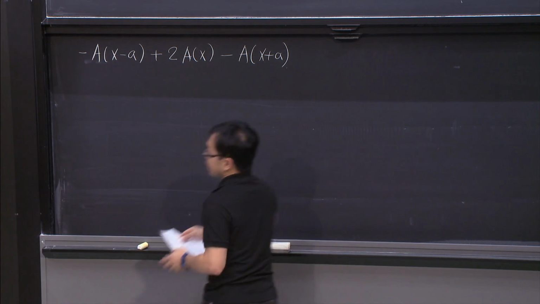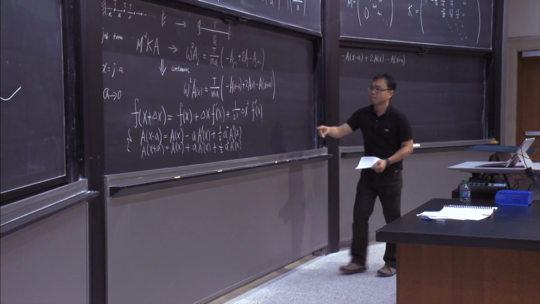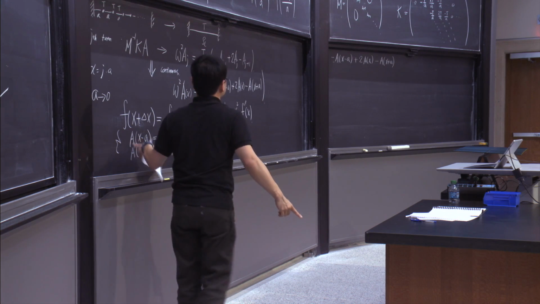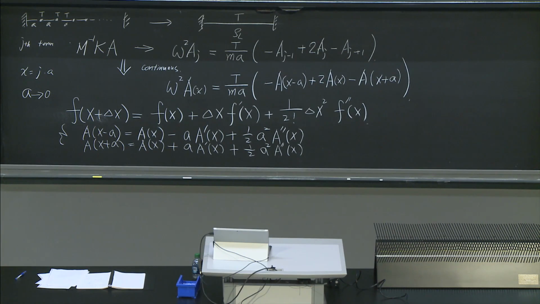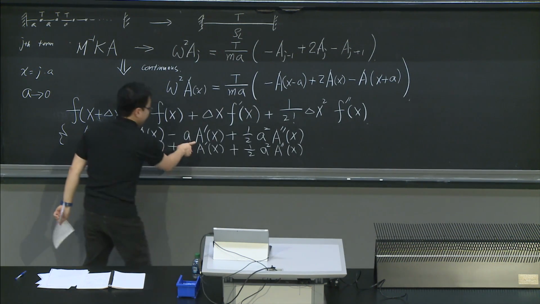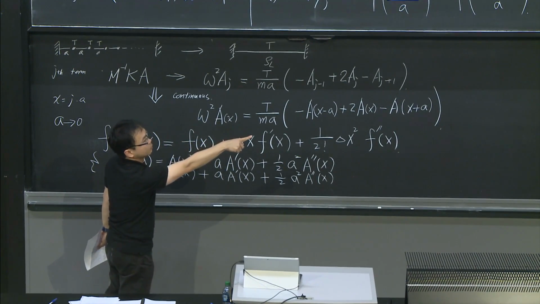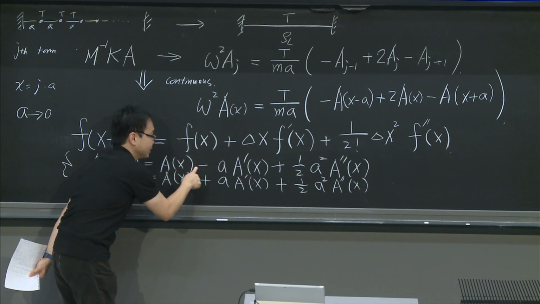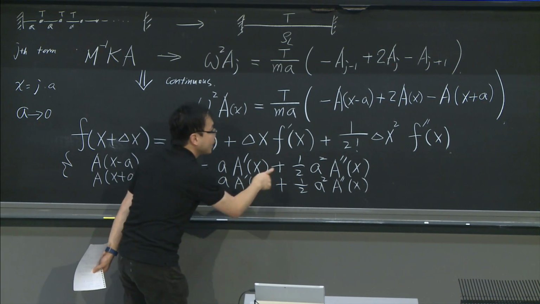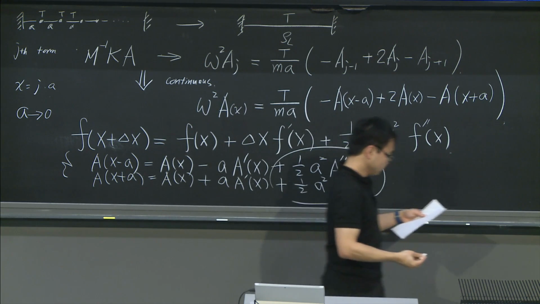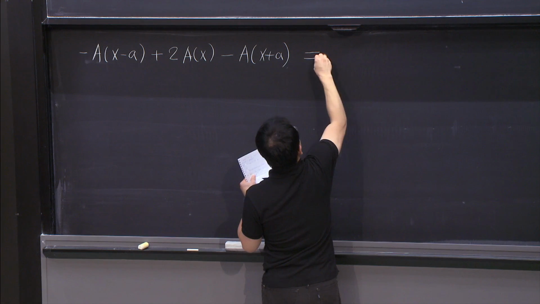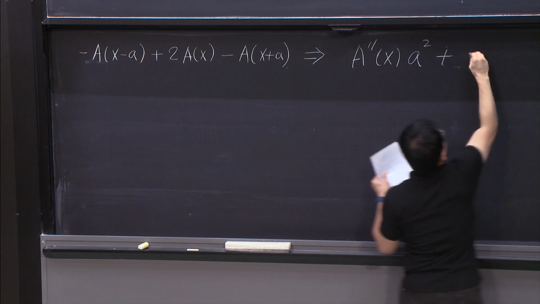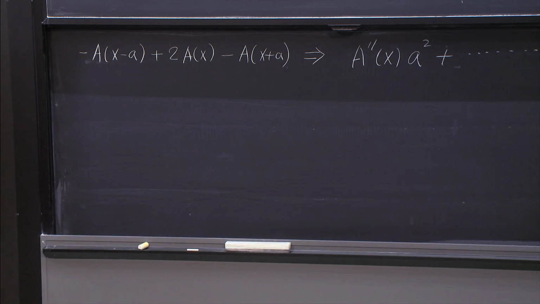If I use this expression, I will see that the A(x) terms cancel, because I have 2 A(x) from these two terms, and they cancel with this 2 A(x). Also, the A prime terms cancel, because you have A(x minus a) and A(x plus a), and the A prime term has a minus sign here and a plus sign there. So what is left over is the A double prime(x) a squared term plus many other higher order terms, because those expansions are not complete.